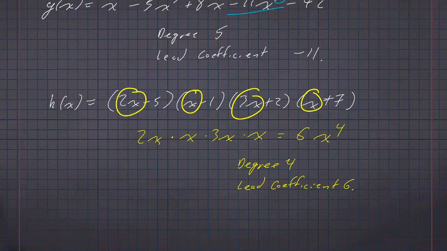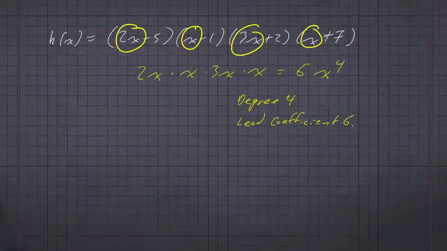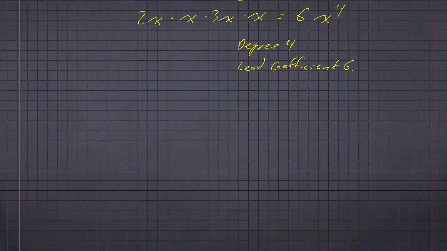Now, degree and lead coefficient are useful for a couple of applications. One of them is an idea known as the end behavior of the graph.